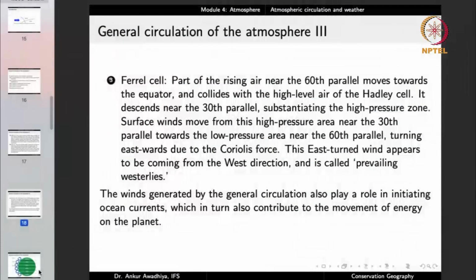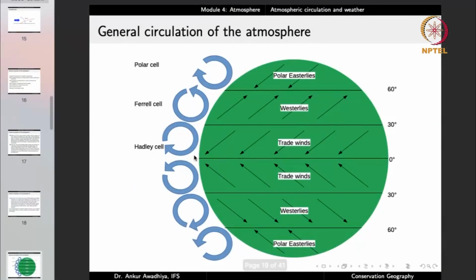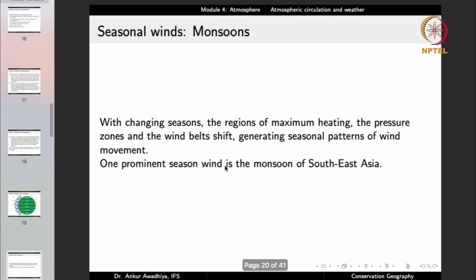So in this case, what we saw was that here the heat from the equator was being pushed towards the poles. Here the heat is again being pushed towards the poles, and when the waters are there, they are also pushing the heat towards the poles. So this is the way in which heat moves from the equator towards the poles.